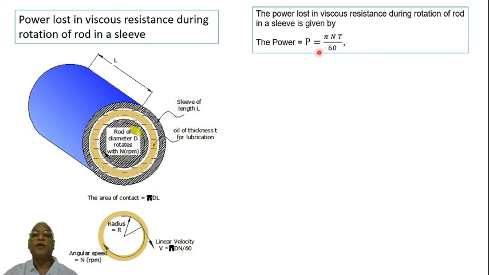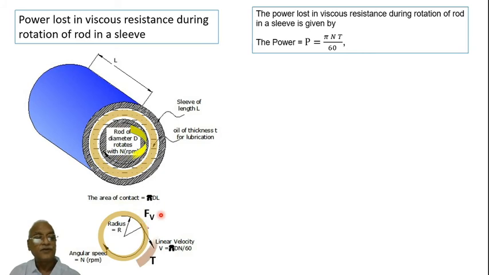So P, the power lost, is equal to pi n T by 60. This is a regular formula, where N is revolutions per minute. Now what is the torque which leads to the loss of energy? When it rotates, obviously there will be resistance because of the viscous force, that is Fv, right?